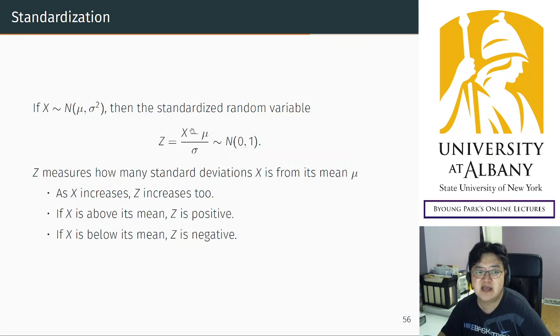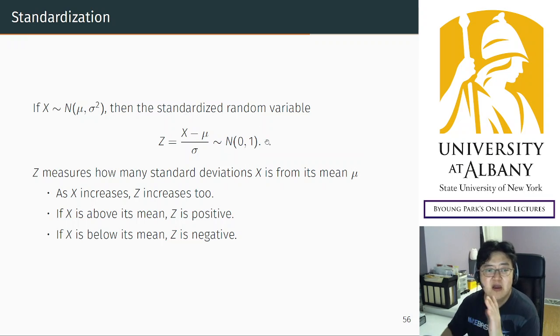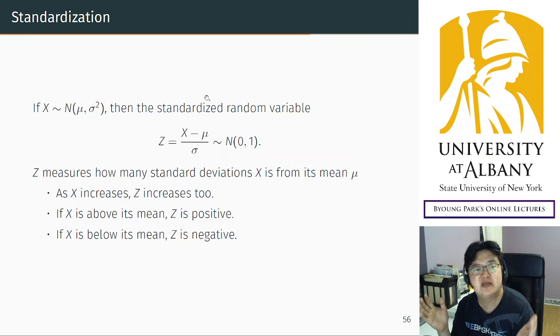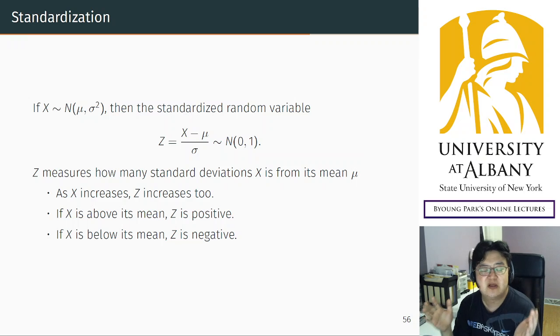X is standardized, and the standardized random variable is usually denoted as Z, and it has the standard normal distribution. You may interpret Z this way. Z is standard normal, so 95% of Z is between plus and minus 2.